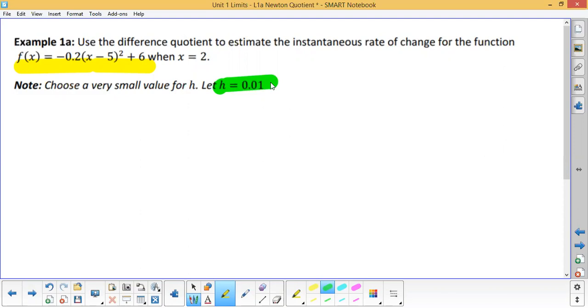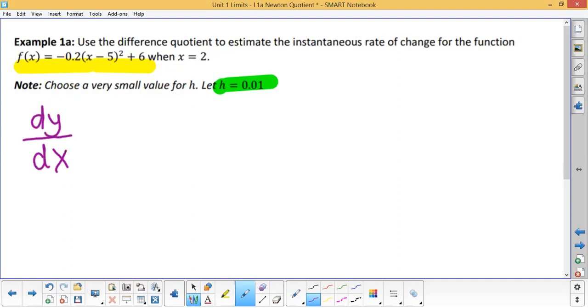For the purposes of this example, I'm going to just pick 0.01, and I'm going to substitute it into the difference quotient. So the derivative of this particular function, I can use dy over dx, or I can use f prime of x, which I'm going to use in another example.